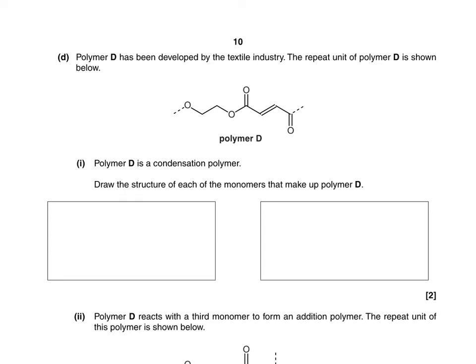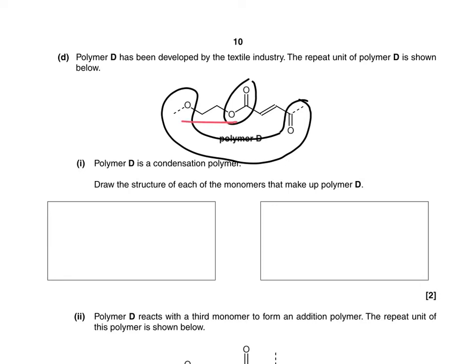So this one is going in the opposite direction. We've got to work out the monomers that will make up this. So we have an ester group here, and then an ester group formed from these two. I'm going to start with this side. Now this has got to be the alcohol, oxygen, and on the other side also made from an alcohol.